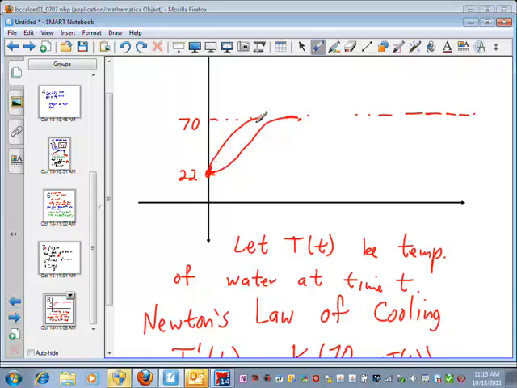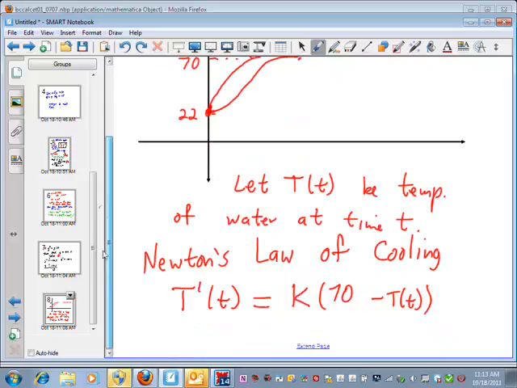That screams this one. Why would it be flat to start? It's at 22 degrees and it's trying to get to 70, so it'll increase quickly at the beginning, then slow down. Anyone think it should be this one? I've just biased you. But we'll see. It could be that, and then we'll have to explain why.